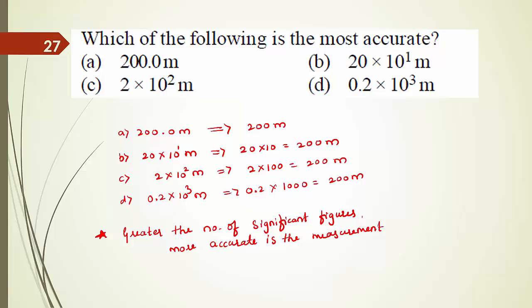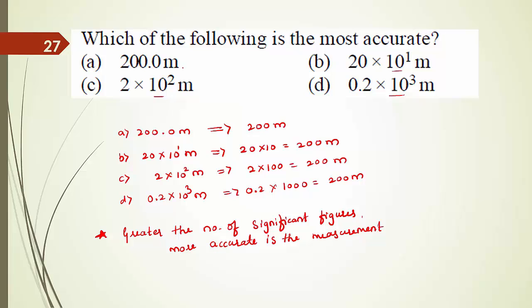Now observe all the four options. Which option has more significant figures? Remember, in significant figures, the power of 10 is not considered, whether it is 10 raised to plus 1 or minus 1. In options B, C and D the numbers are given in terms of power of 10, but we have to count significant figures.